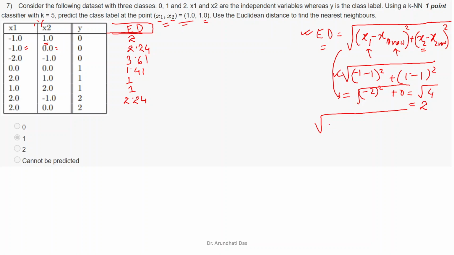For the last data point, just for the sake of calculation, let me show the calculation here. What is the x1 value of the data point? It is 2. What is the x1 value of the new data point? That is 1.